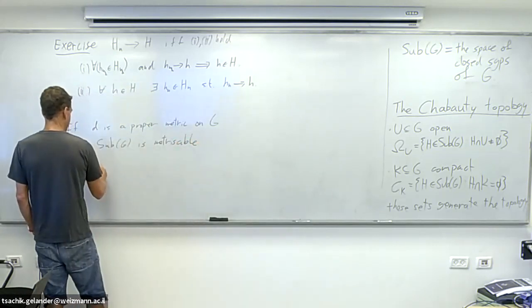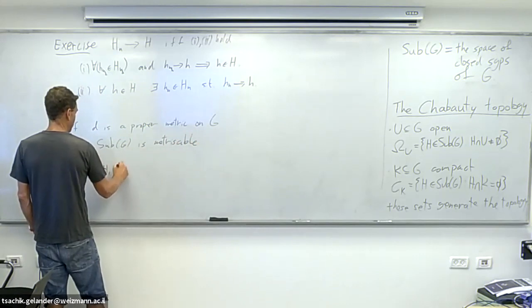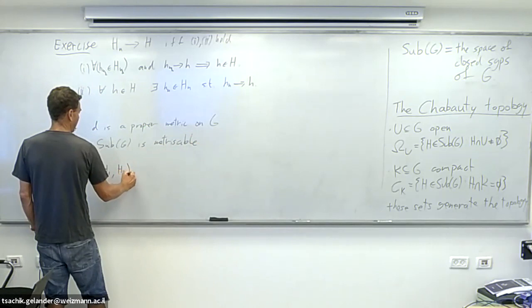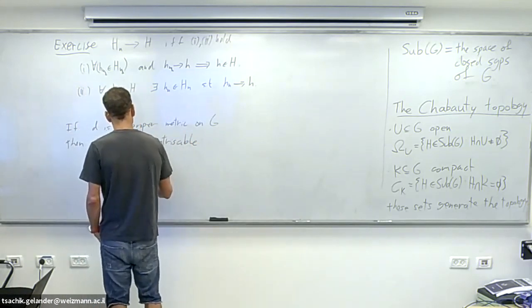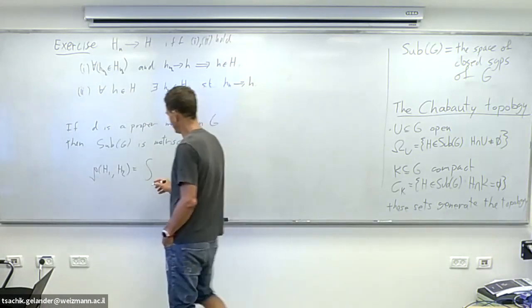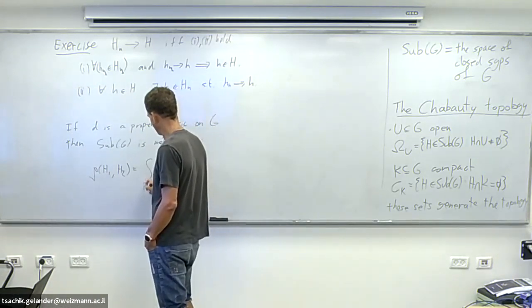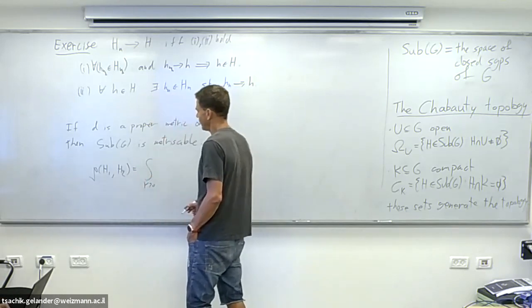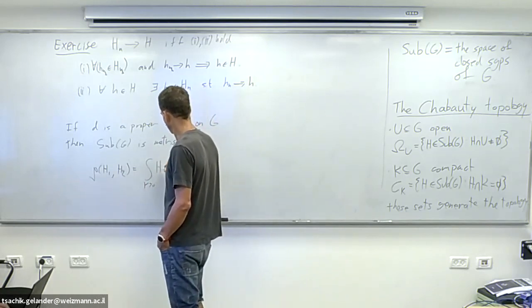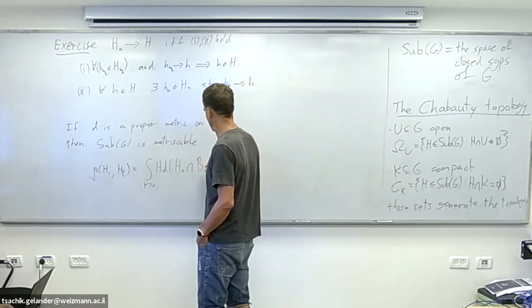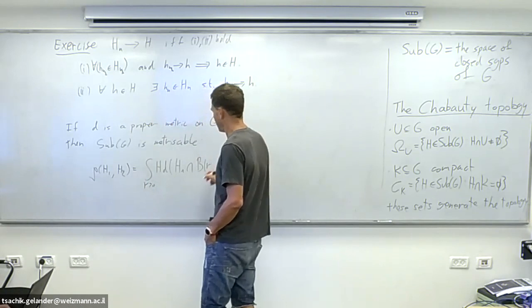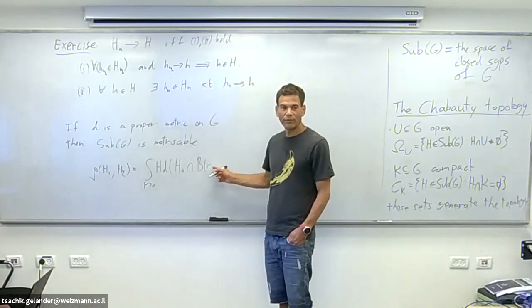You can define the metric, the distance between two groups, to be the integral over R over all positive of the Hausdorff distance between the intersection of H1 with the ball of radius R. I never know how to write, the first the point or the radius.